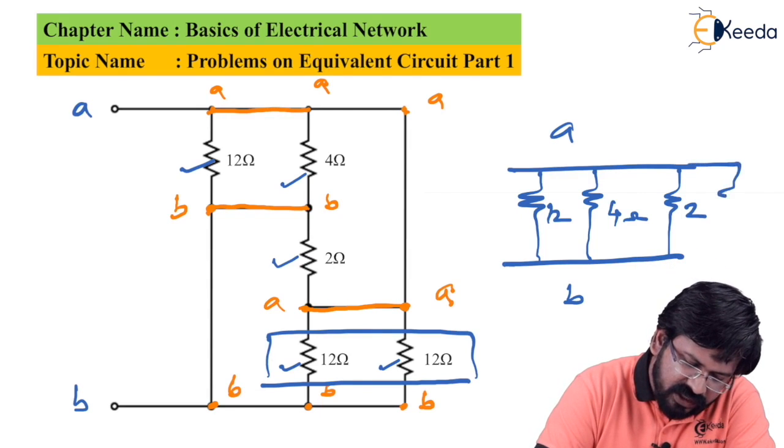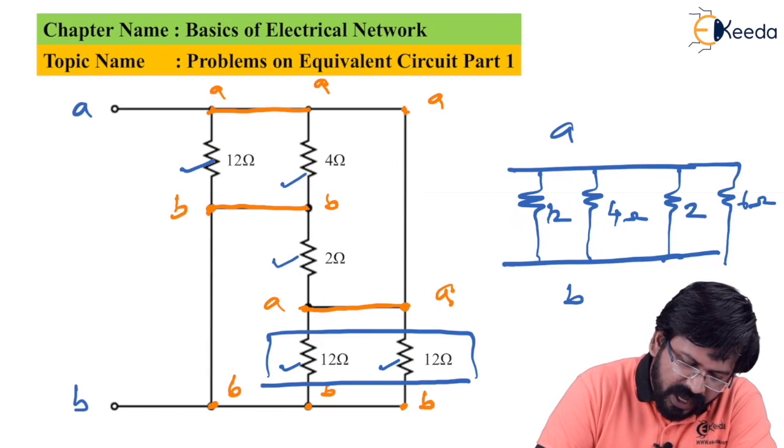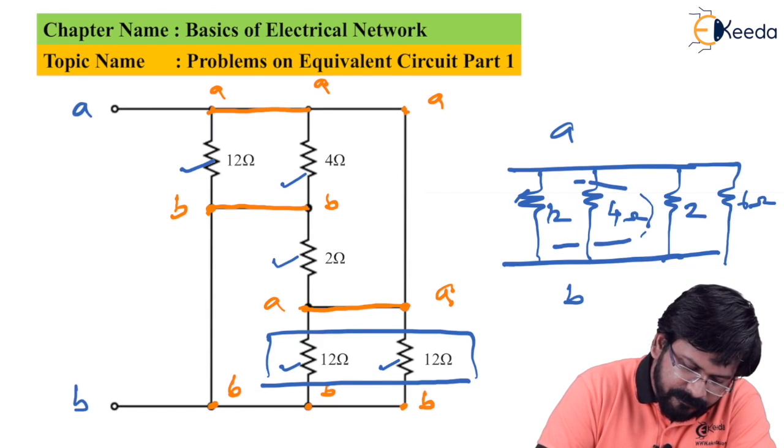So I can say it is simply 6 ohms. So 4 parallel with 12 is 3.